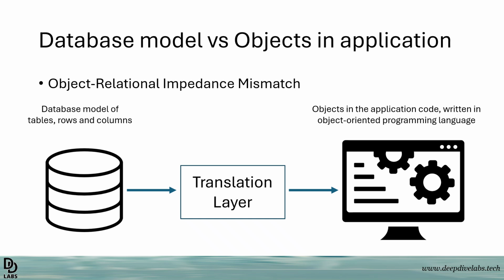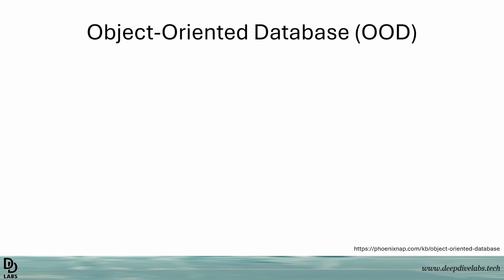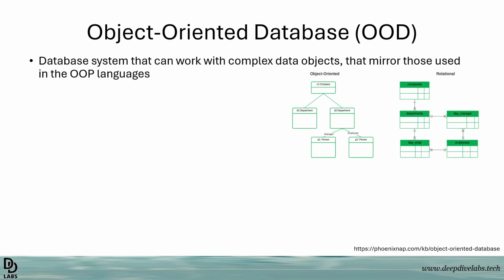This will give you the understanding to see the evolution of document databases. As the very first database, let's look at the object-oriented database, right? Your object-oriented database is essentially a database system that can work with complex data objects that mirror those used in your object-oriented programming language.